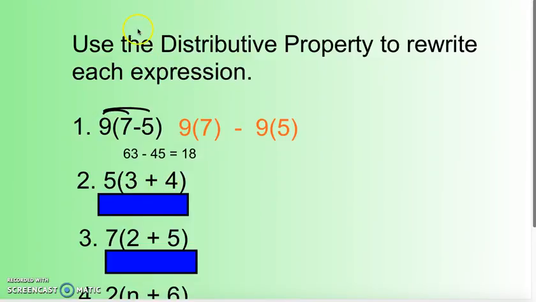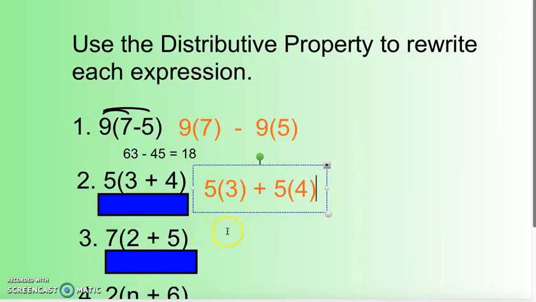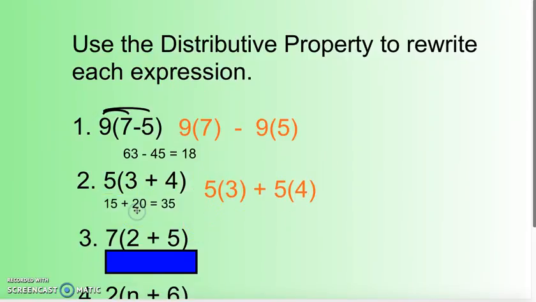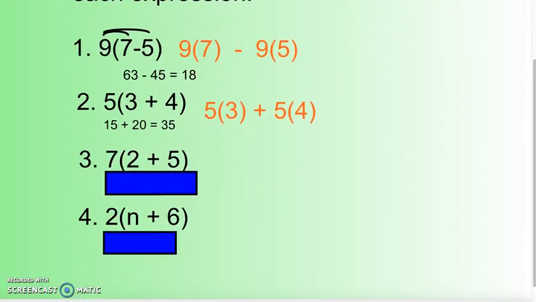Okay, so let's do the next one. We have 5 introducing itself to the 3 and the 4. So we have 5 times 3. We're going to keep the addition, and 5 times 4. So we're going to multiply those out, and 5 times 3 is 15, and 5 times 4 is 20. But in this case, we have addition, so we're going to add them, and we get 35.